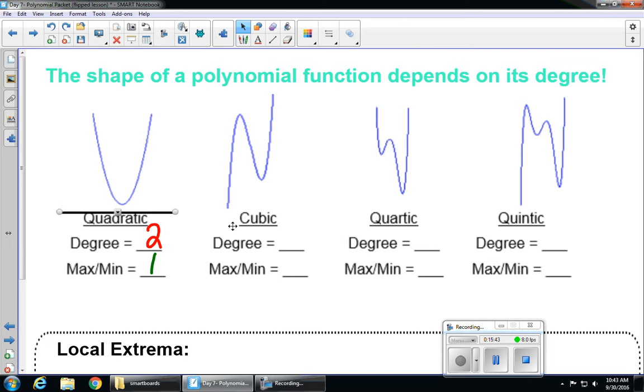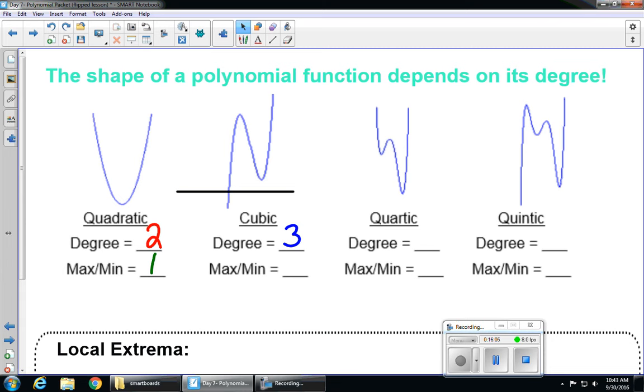So now if we move on to our second graph, this is a picture of a cubic function. Cubic function is degree 3, which means it can have up to 3 solutions, or up to 3 x-intercepts or zeros. So if I take my line and I move it over here, it would have 1 solution.